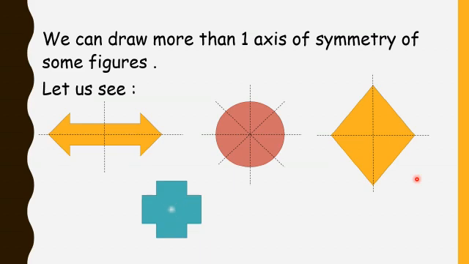And finally, the plus sign has one, two, three, four axes of symmetry. You can check by folding each figure and seeing how the axis of symmetry cuts it into identical and equal parts.